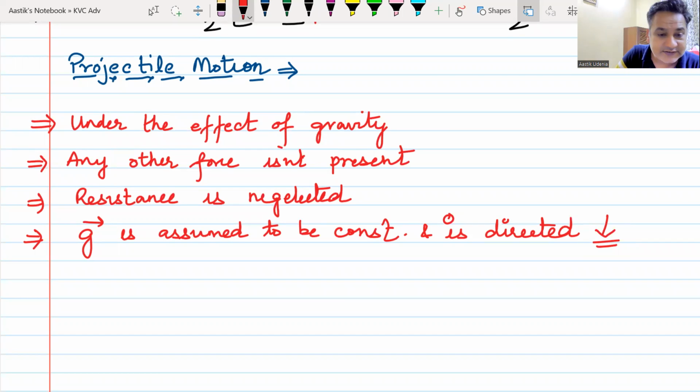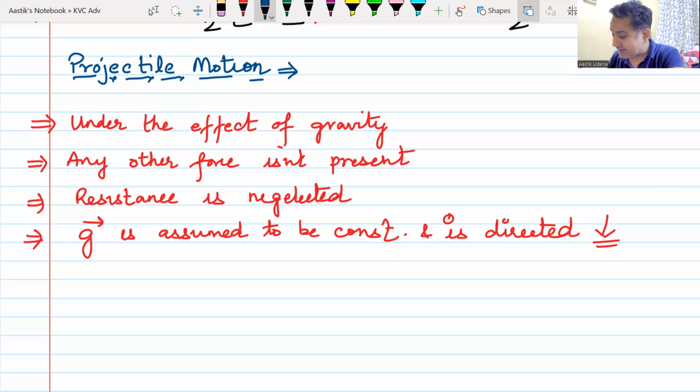Do we understand this? Yes or no? We have done this before. And that motion that we have done, motion under gravity, is an example of projectile motion in one dimension.